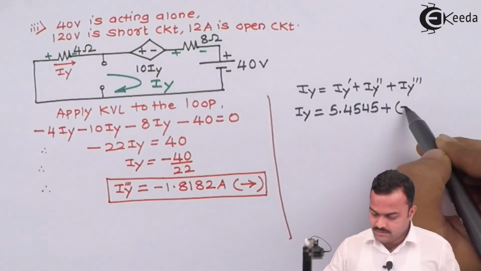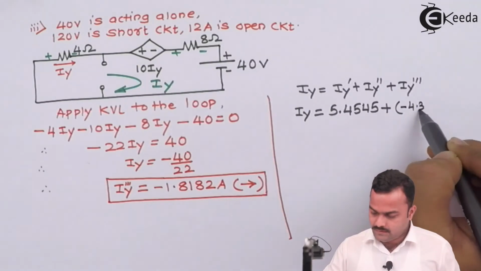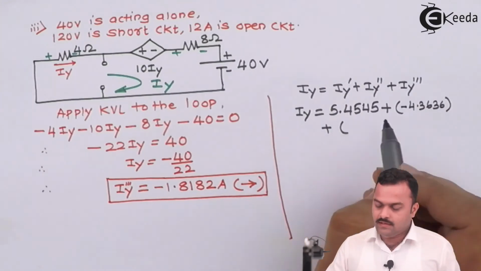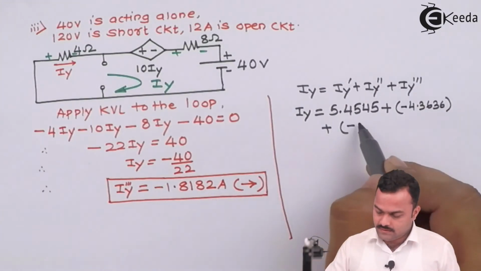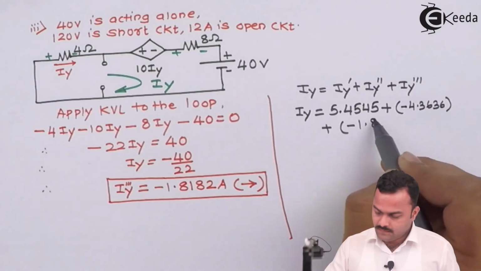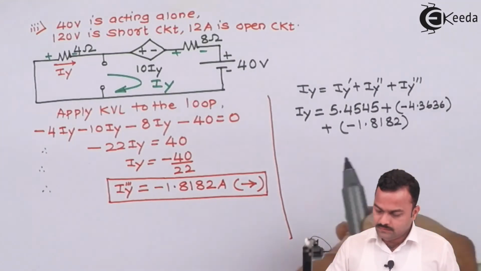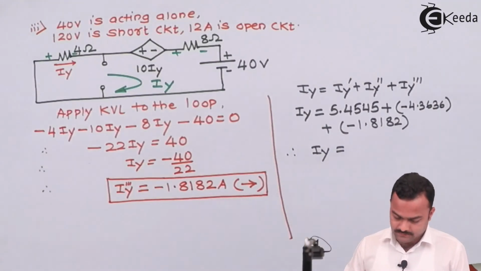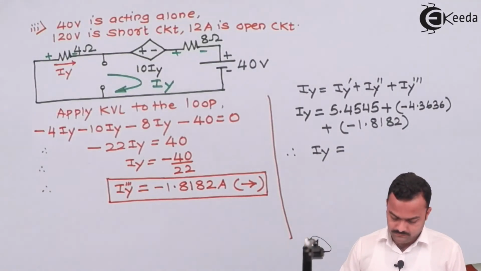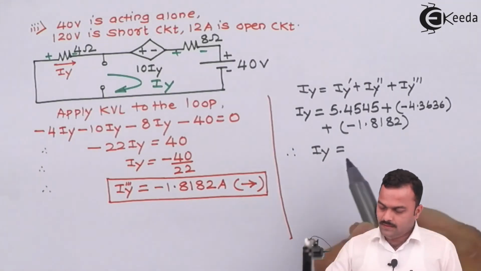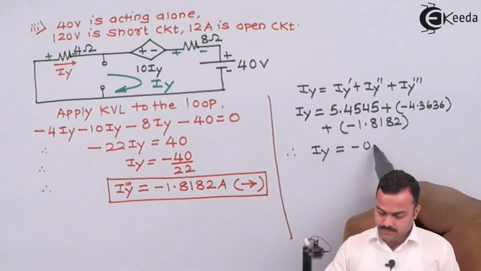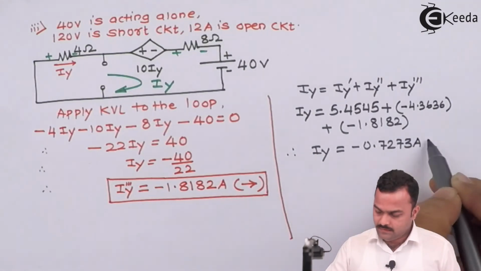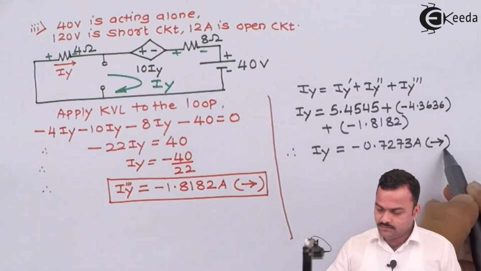So this is minus 4.3636, and finally IY triple dash is minus 1.8182. And if we solve for this, we will get the value of IY as minus 0.7273 ampere in this direction only.